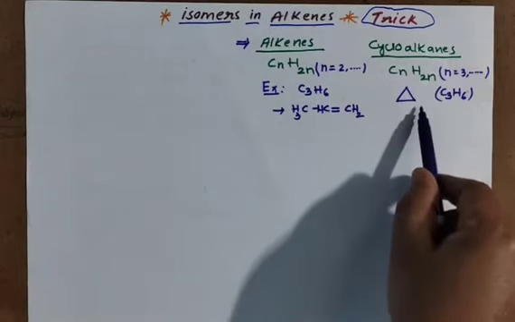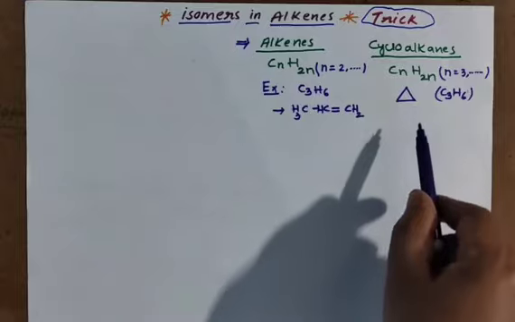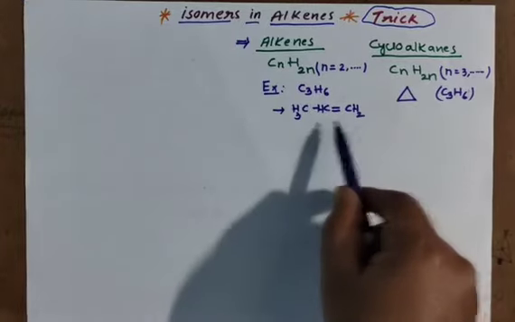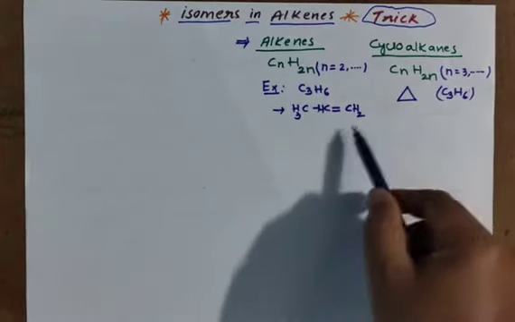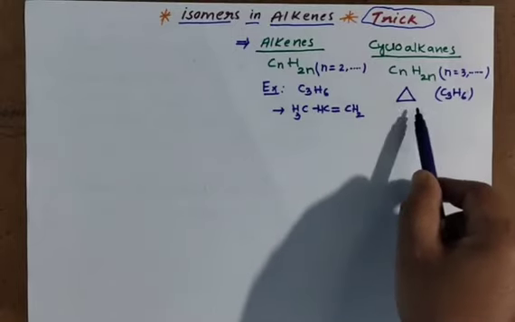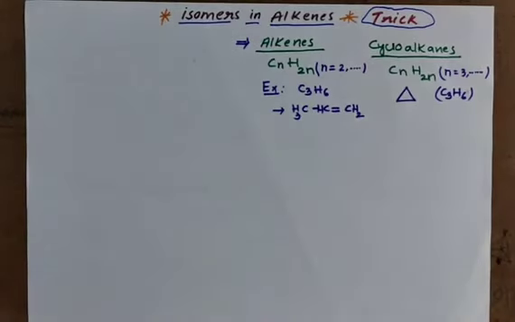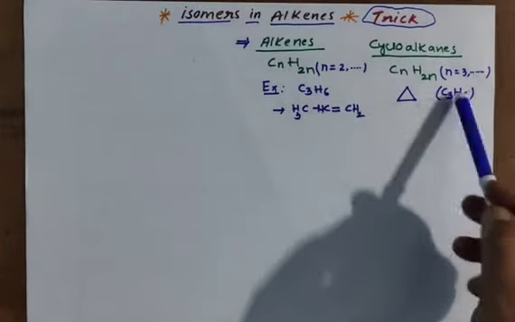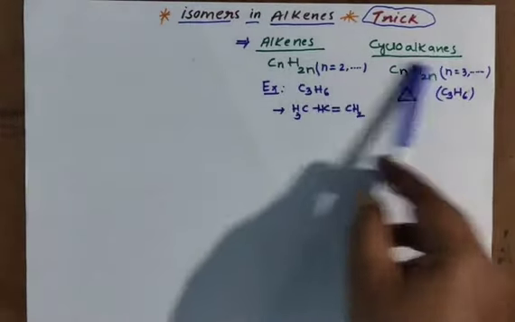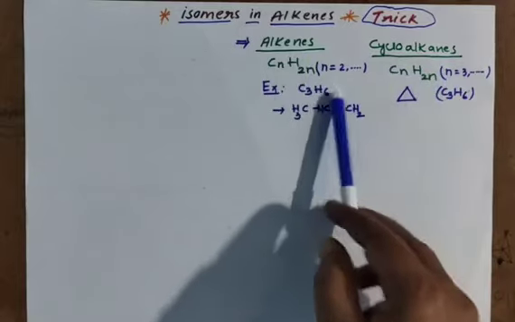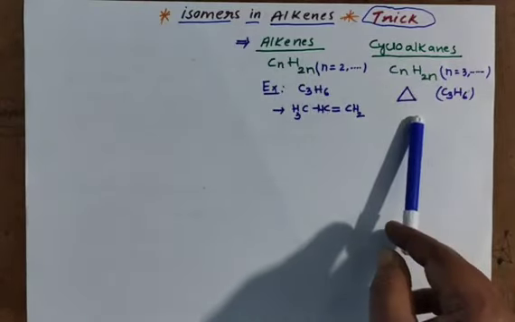This is closed chain with saturation. The molecular formula is the same, but the structural arrangement is different. That's why these two are isomers. Having the same general formula but different structure, those exhibit isomerism.